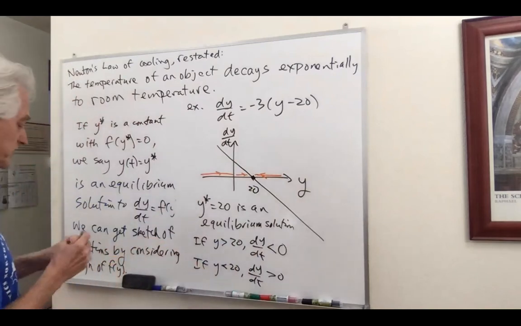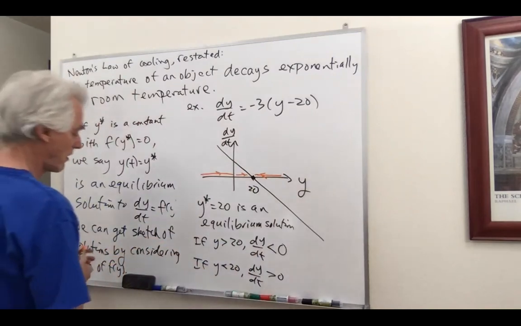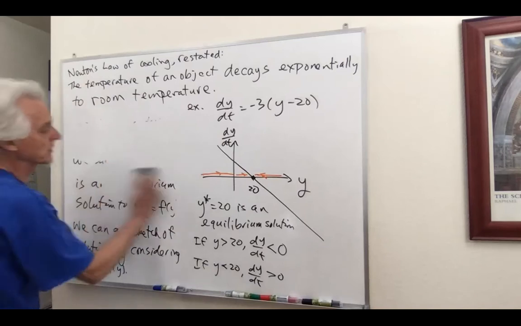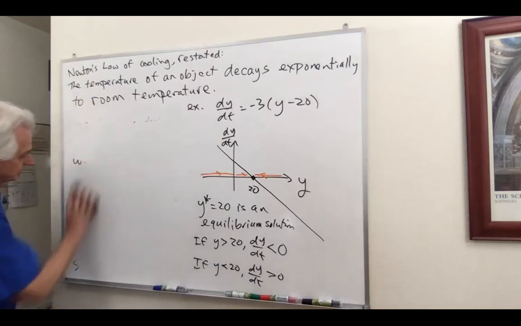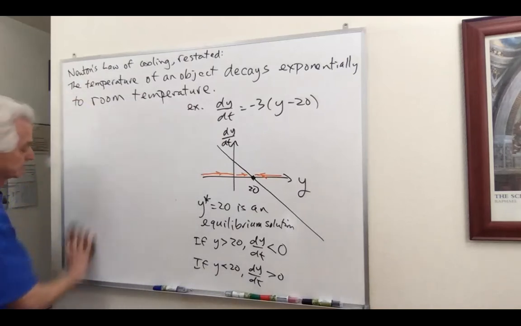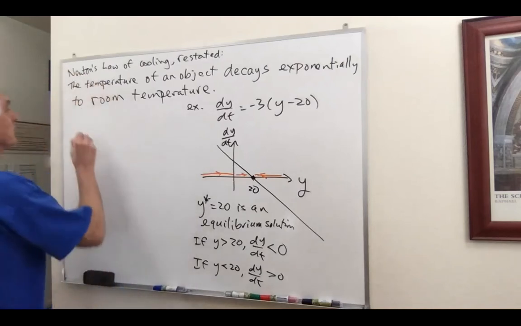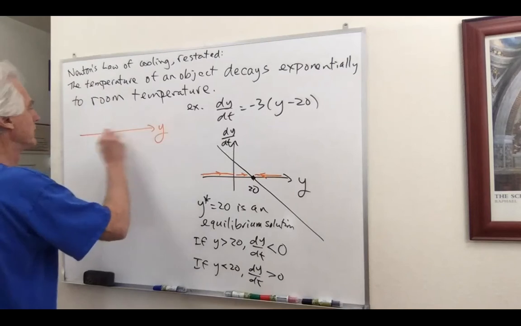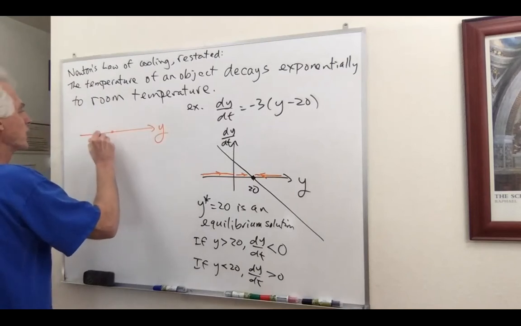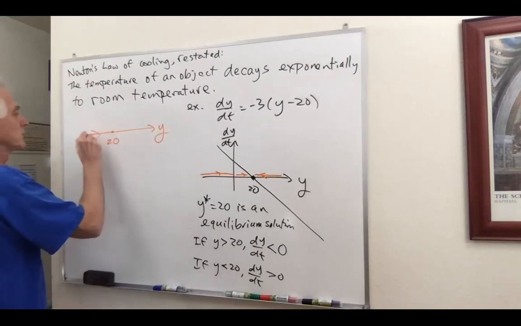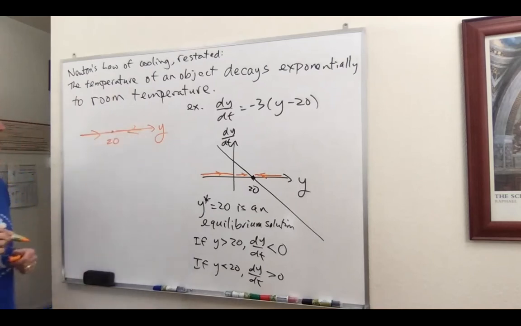Right? So there's a little picture. In fact, that's often called a phase portrait for this. Okay, so here's a little phase portrait. Here is y, and here is 20. And then that's the picture.